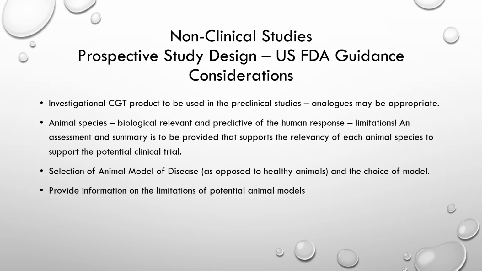Again, as I said previously in the objectives, the disease model helps us to identify the specific risk biomarkers that may be applicable for monitoring in your clinical trials. So there's a reason for using these animal models of diseases compared to using healthy animals.